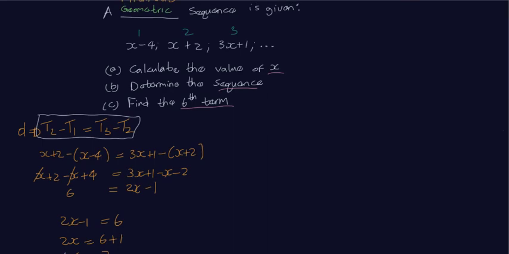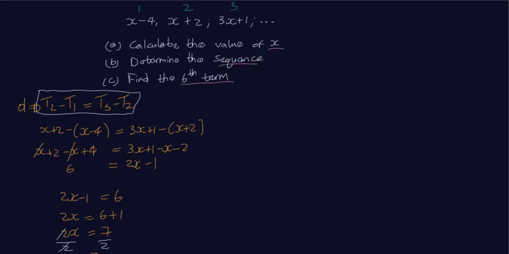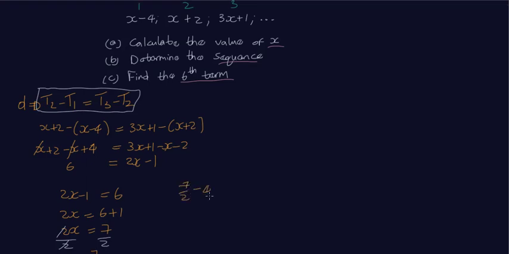So what I have done now is substitute 7 over 2 in place of x. So it's 7 over 2 minus 4, 7 over 2 plus 2, and then 3 times 7 over 2 plus 1. This is our sequence. So 7 over 2 minus 4 gives us minus half, and 7 over 2 plus 2 gives us 11 over 2, then simplify this one: 3 times 7 over 2 plus 1 gives 23 over 2.